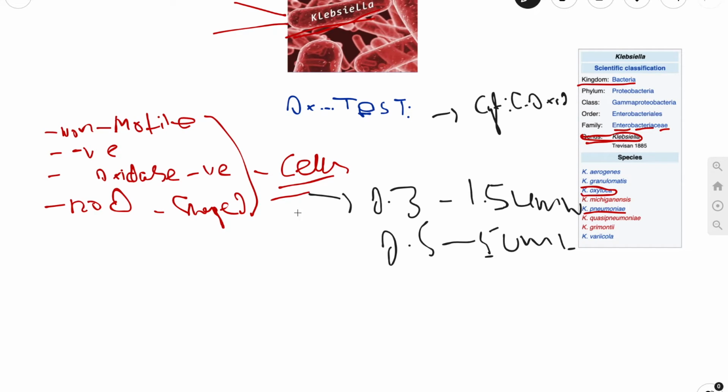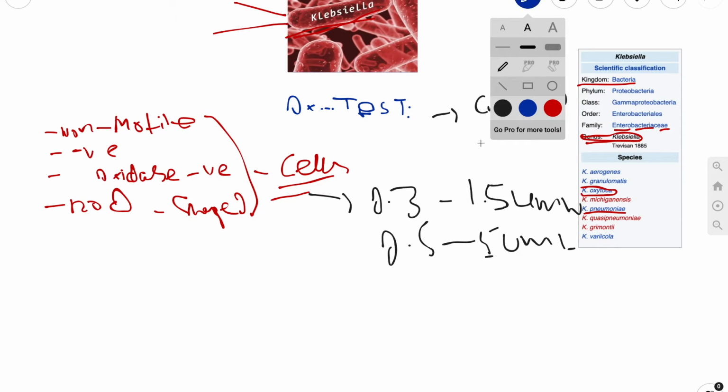You can find them singly, or in pairs, or in chains, or maybe linked end to end. And remember one thing more regarding the Klebsiella: it can grow on ordinary lab media, and they do not need any special growth requirements. You just put the Klebsiella in ordinary lab conditions, and you can grow it in a laboratory. And these species of Klebsiella are aerobic and facultatively anaerobic.